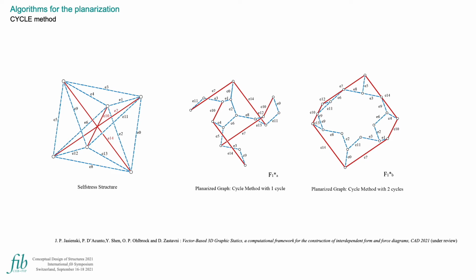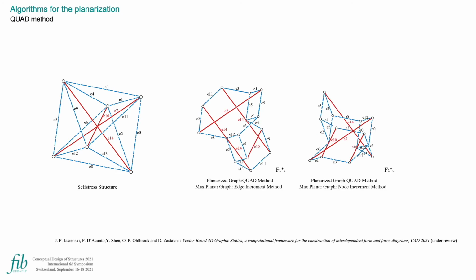The two other planarization algorithms conceptually work the other way around. Instead of removing edges from the initial graph to make it planar, they start from a planar subgraph that is successively enlarged to correspond to an acceptable plane graph. The quad procedure always generates quads.